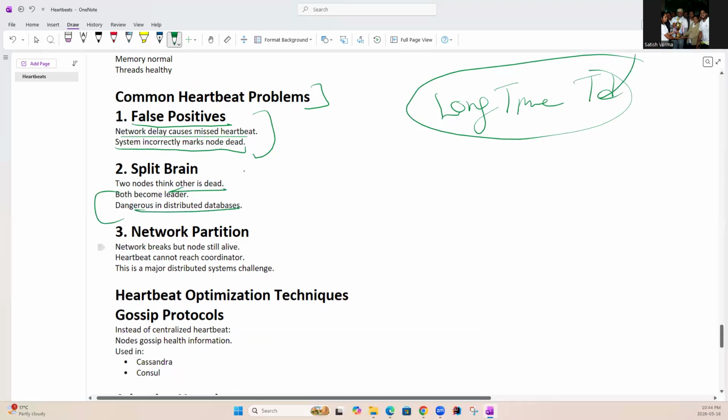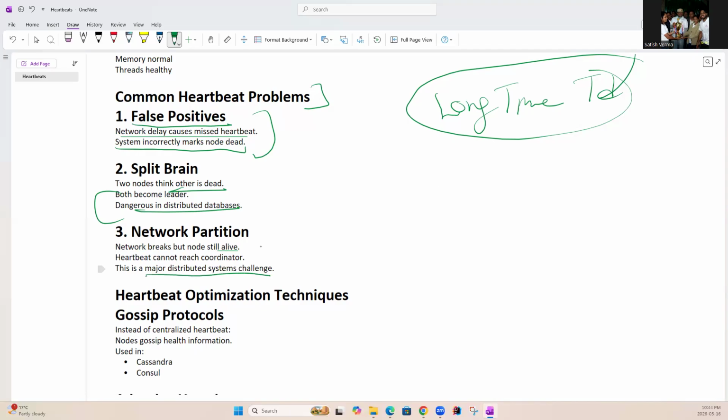Dangerous in a distributed system. Network partitioning: the network breaks, but the node is still alive, so the heartbeat cannot reach the coordinator. This is a major distributed system challenge. So these are our common problems: false positive, split brain, and network partitioning.